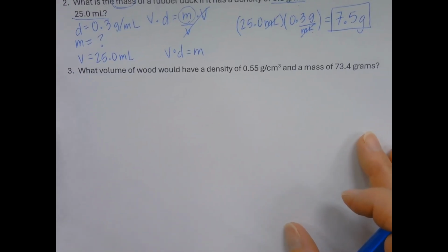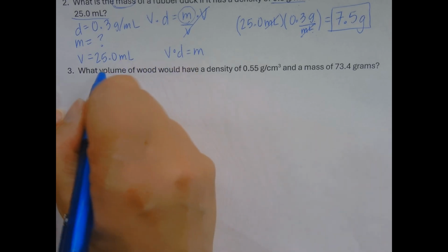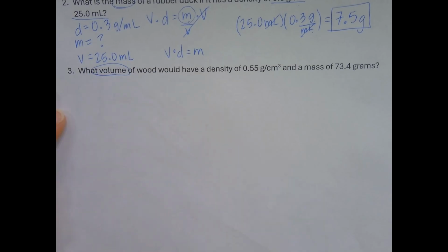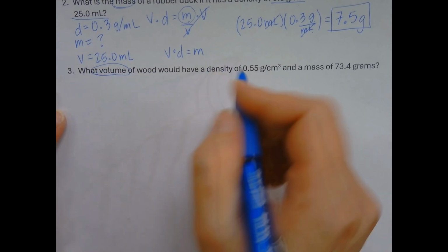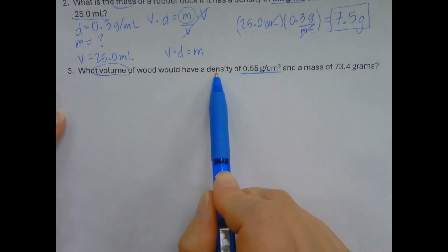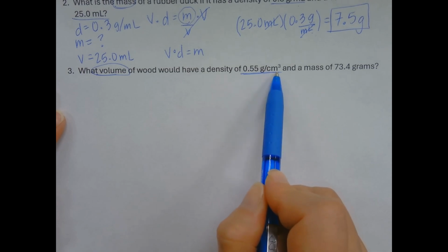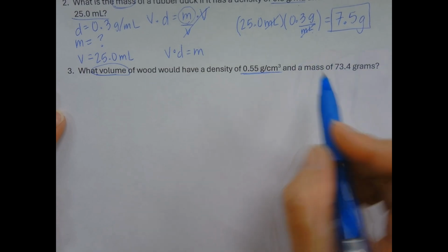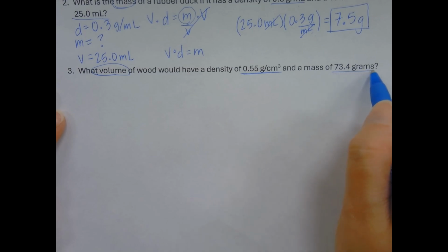What volume of wood would have a density of 0.55 grams per centimeter cubed and a mass of 73.4 grams? So I'm looking for volume. That's what it's asking me to find. I'm given a density, and I know this because it says density, but then these are also the units of density, and a mass of 73.4 grams.